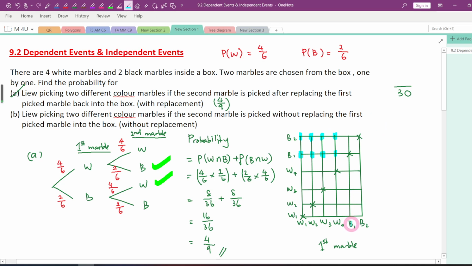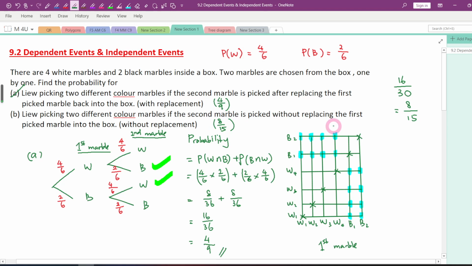So if the first marble is black, it needs to pair with white. Okay, see the same thing. There are 16 pairs. So if we simplify it, divided by 2, divided by 2, you will get 8 over 15.